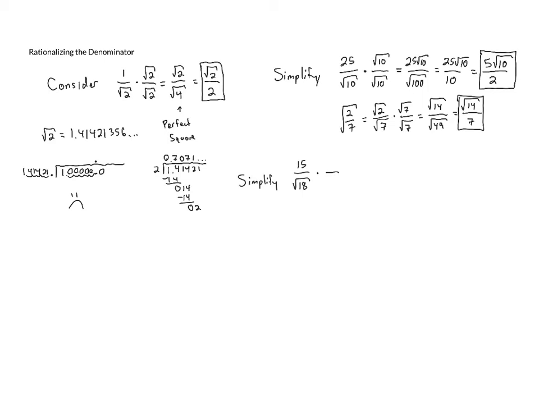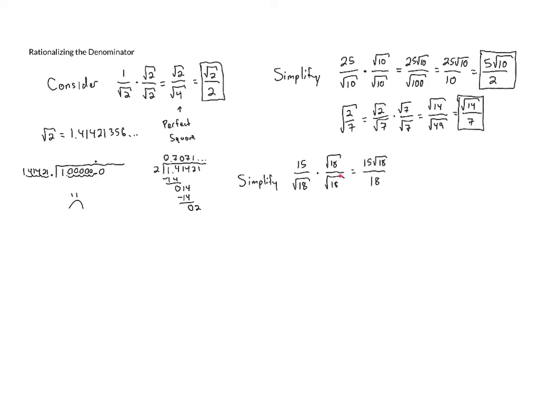So again, we want to get rid of that radical in the denominator, and we want to multiply the top and bottom by something to get a perfect square down there, and that something is going to be root 18, just like all the other problems. Now when we do this, on the top, we've got 15 root 18. And on the bottom, we've got root 18 times root 18, which is going to end up just being 18.